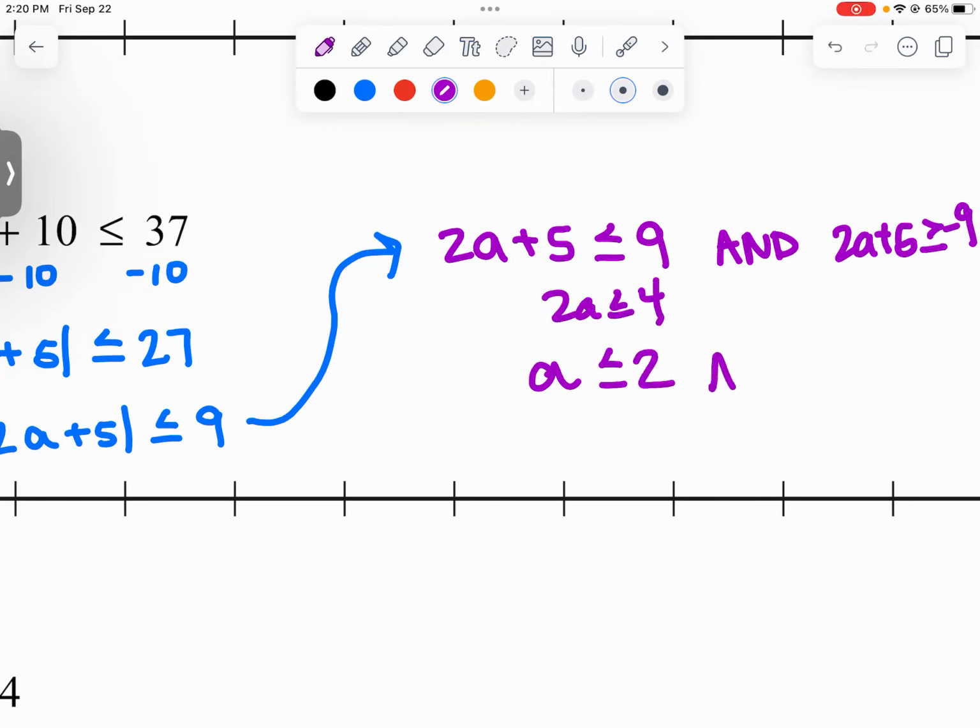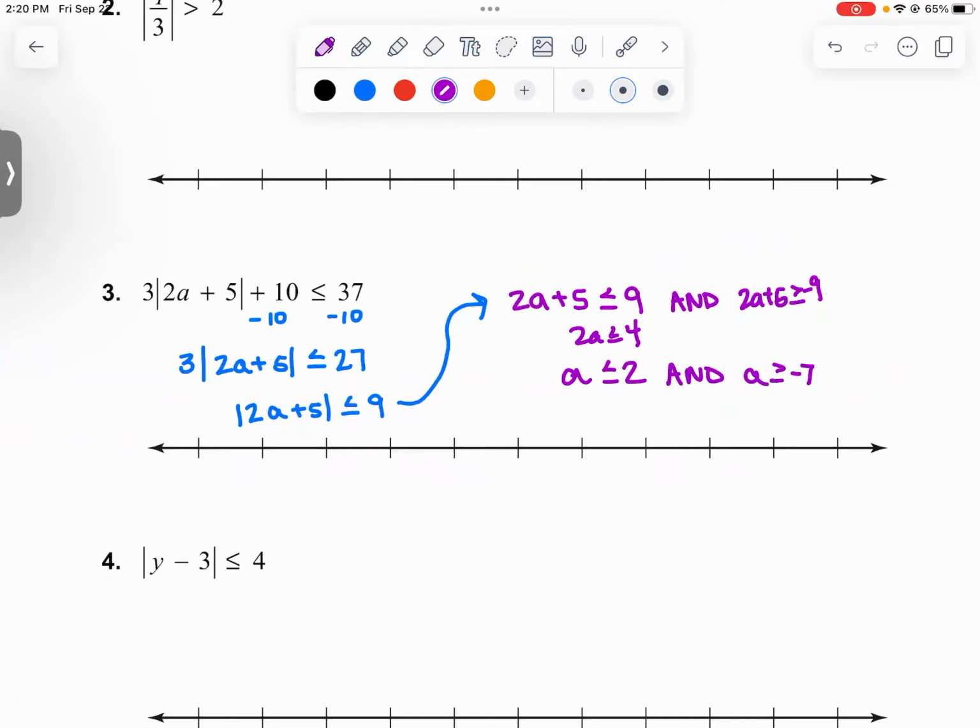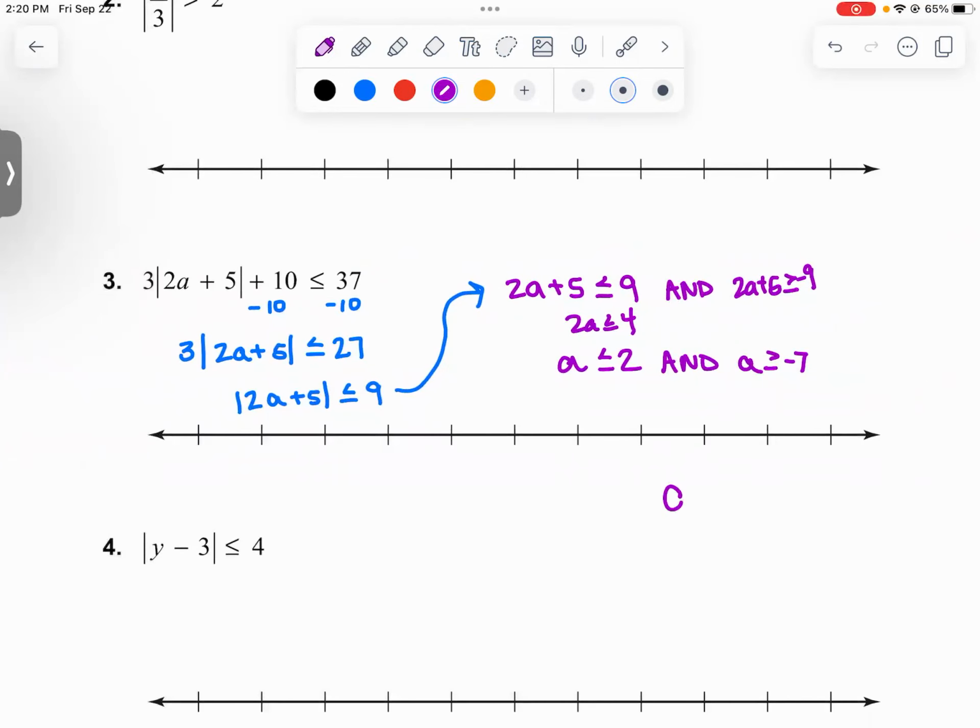So 2. And A is, Gabe, when we solve this one. It is greater than or equal to -7. Okay, you can leave it like this, or you can write A is less than or equal to 2 and greater than or equal to -7.